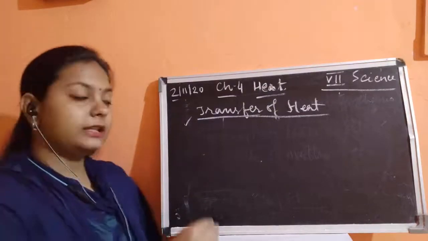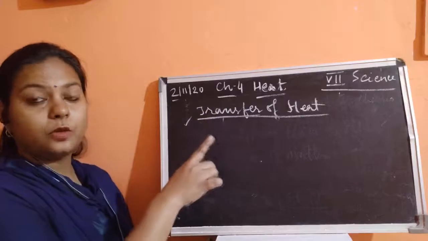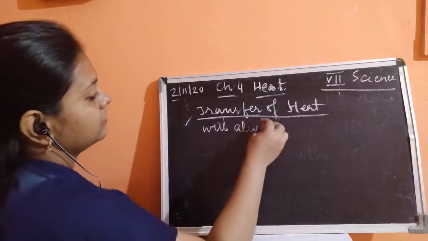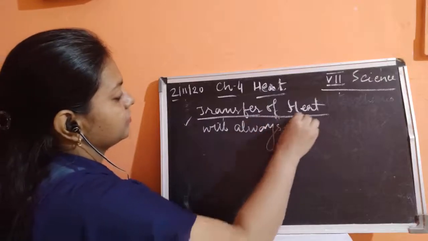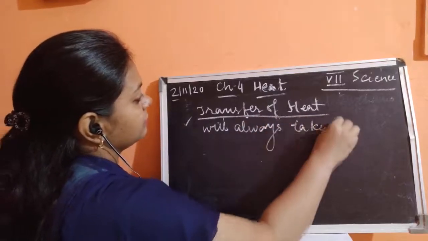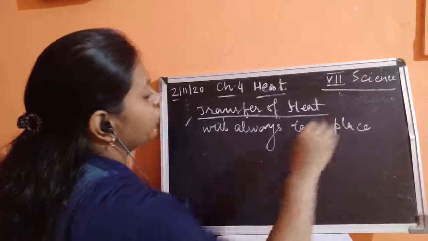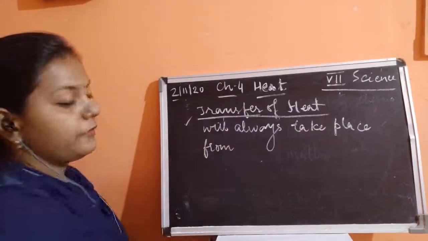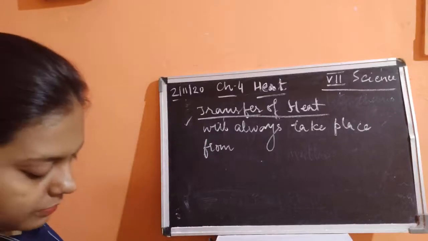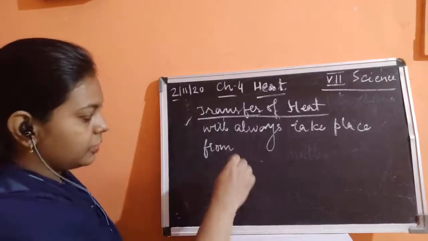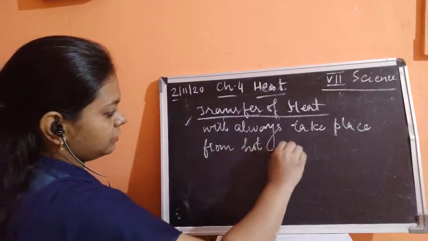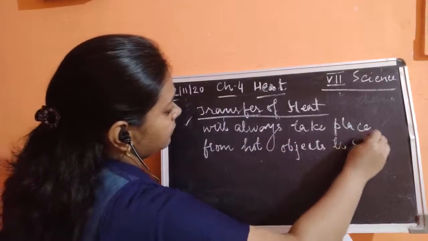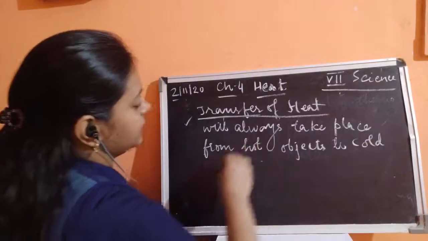In fact, in all the cases heat flows from hot object to the cold object. Please remember this point, that heat flow and the transfer of heat will always take place from hotter objects to cold objects.